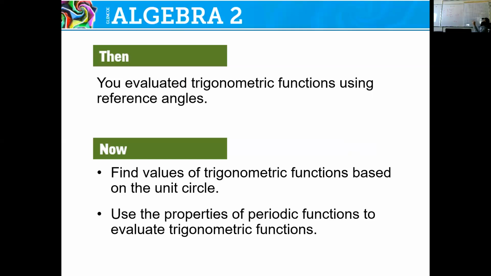That never changes. You have a right angle, and it's a ratio of the side lengths. So we're going to find values of trigonometric functions based upon the unit circle. And we're going to use the properties of periodic functions to evaluate trigonometric functions. What this sets up is known as coterminal angles.